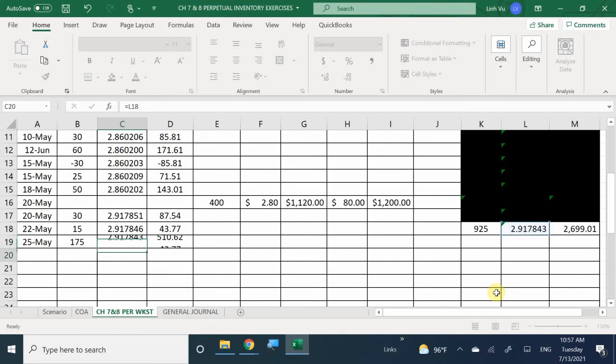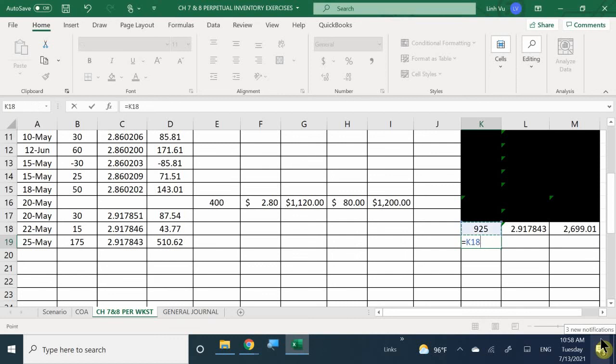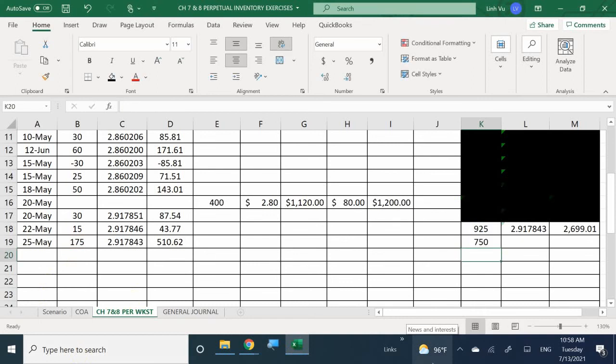I have 1062. 510.62. And what you're gonna do with that, you're gonna update your inventory because now you no longer have this amount. So 925 subtract 175 should bring you down to 750.